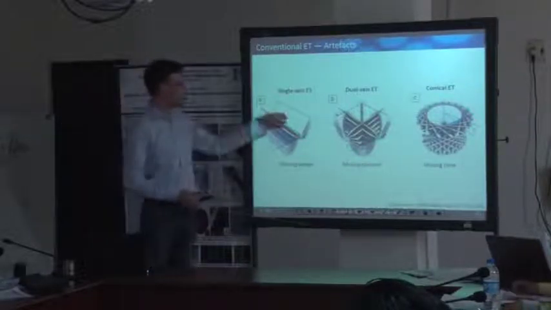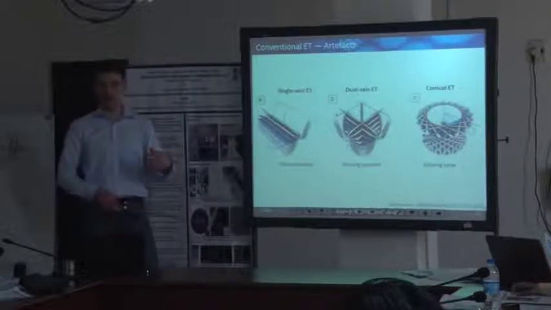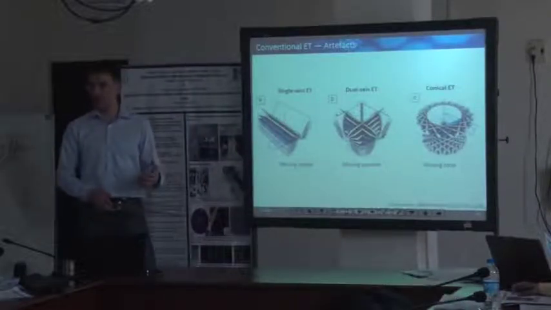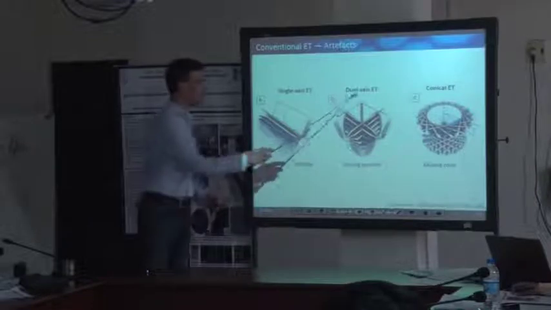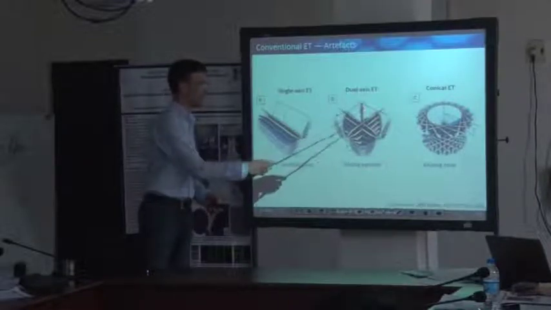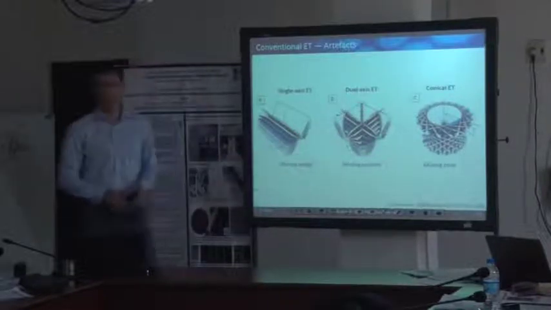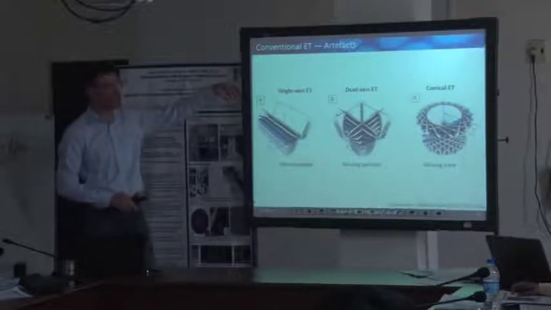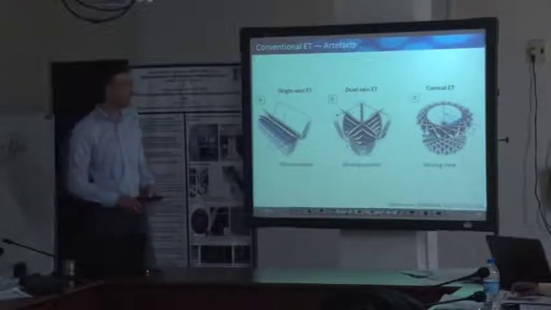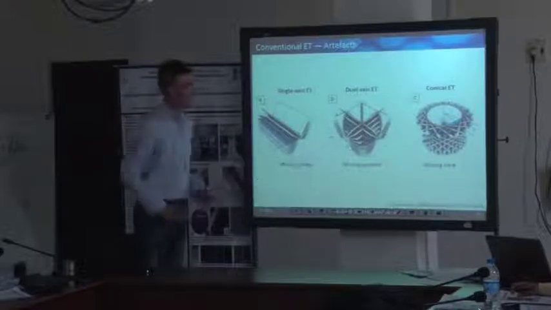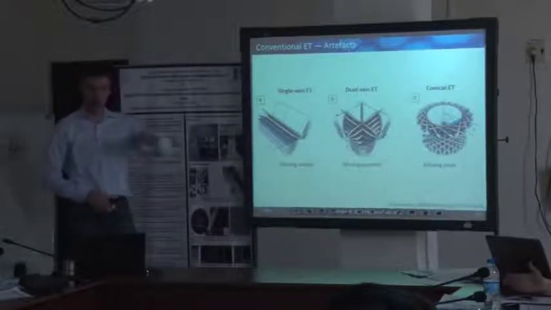You might think about rotating your sample by 90 degrees to record a second tilt series. This is so-called dual axis electron tomography. By that, you only end up with a very small cone, or a small missing pyramid of information. Okay? This is quite common with a regular electron tomography holder.